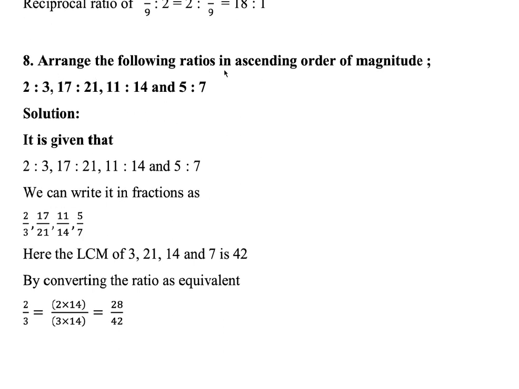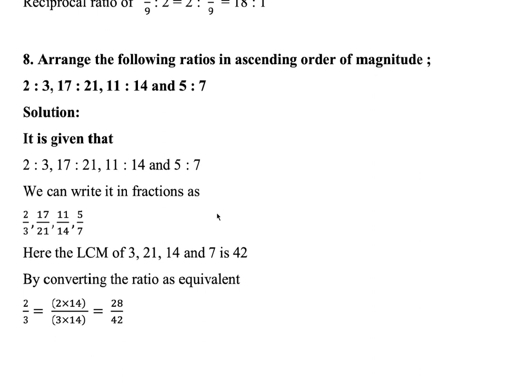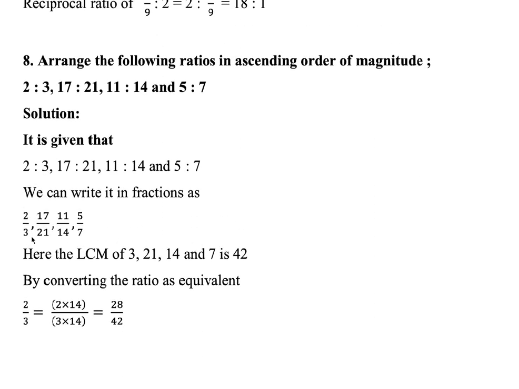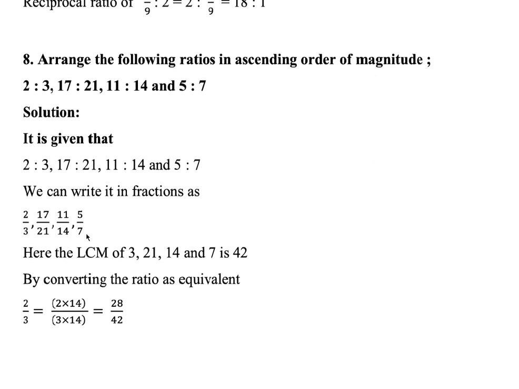Arrange the following ratios in ascending order of magnitude. In the ascending order, 2 is to 3 is given over there, 17 is to 21, 11 is to 14, and 5 is to 7. So first I will write in the form of fractions, that is 2 by 3, 17 by 21, 11 by 14, 5 by 7.